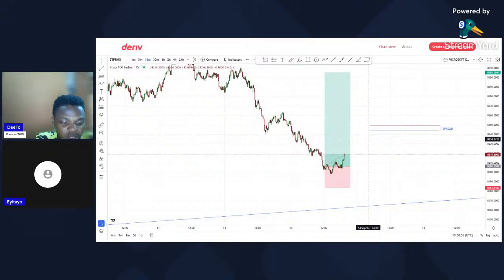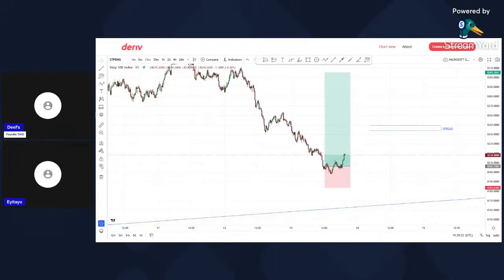Oh man, everything is stopping. It's crazy. The step index is still helping me make a lot of money anyway, so just keep it like this. Oh man, it's serious. Are you still in your step index trade?